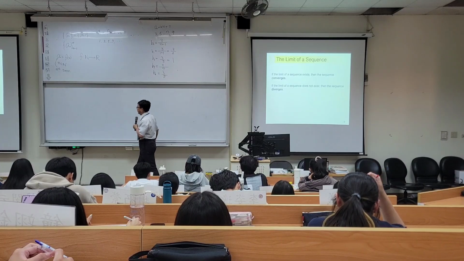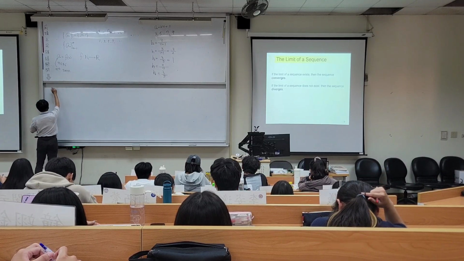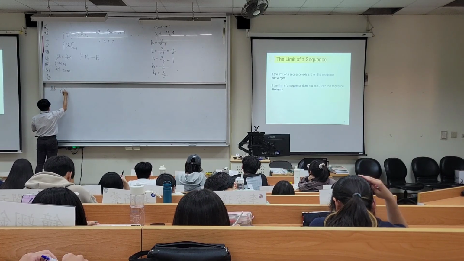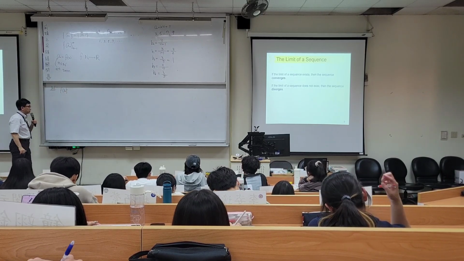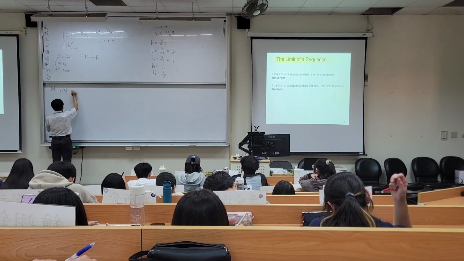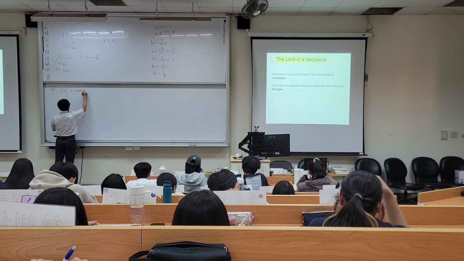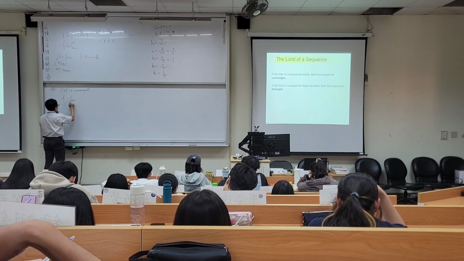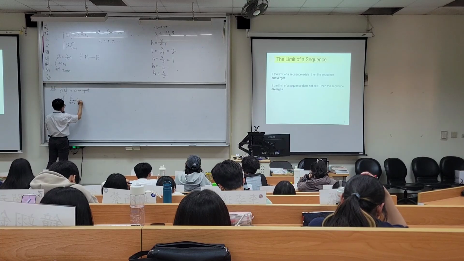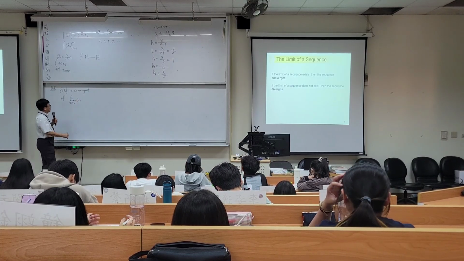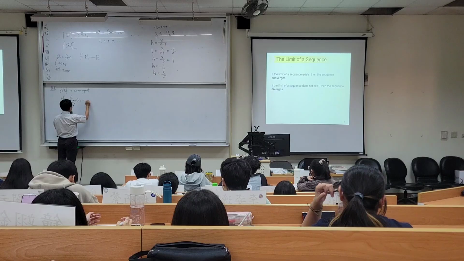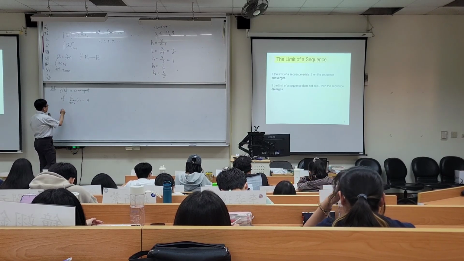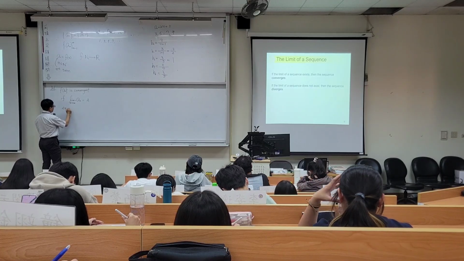So we say this sequence is convergent if the limit of the nth term is equal to, say, L, a constant, if this exists.